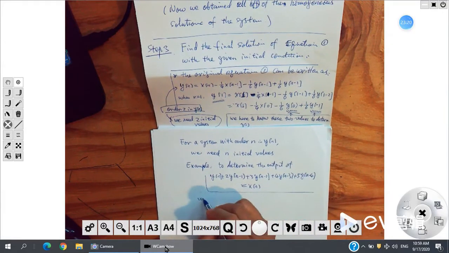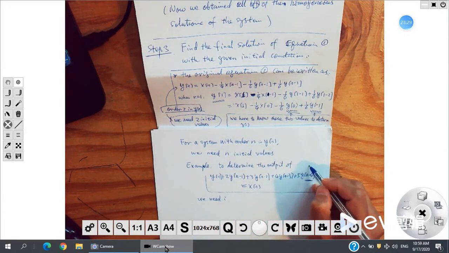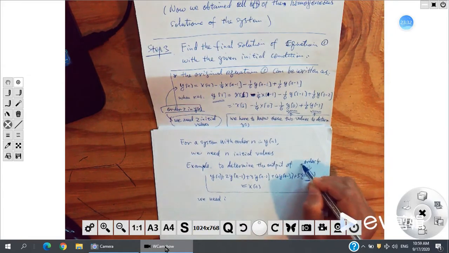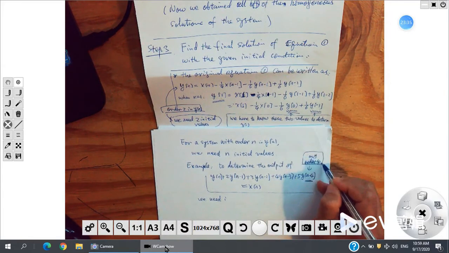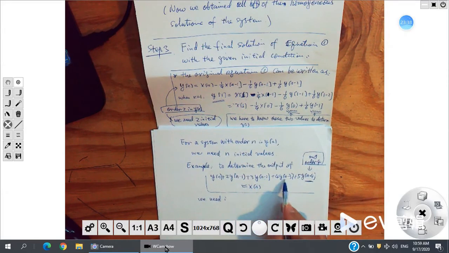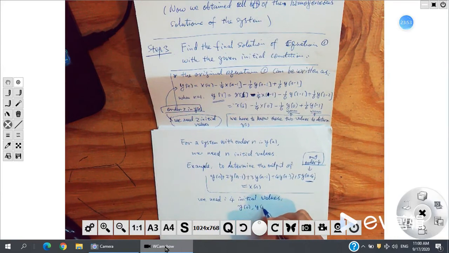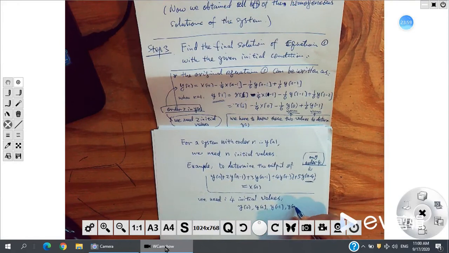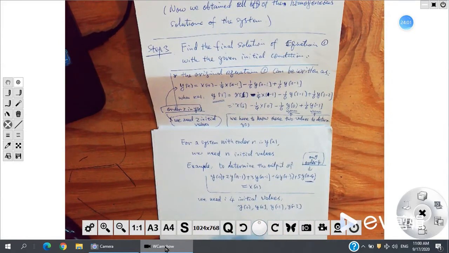We need how many initial values? You check the order. Here's n minus 4. This is order 4 in y. Right, original y and shift by 1, 2, 3, 4. So we need 4 initial values: y of 0, y of negative 1, y of negative 2, y of negative 3. Yeah, we need 4 initial values.